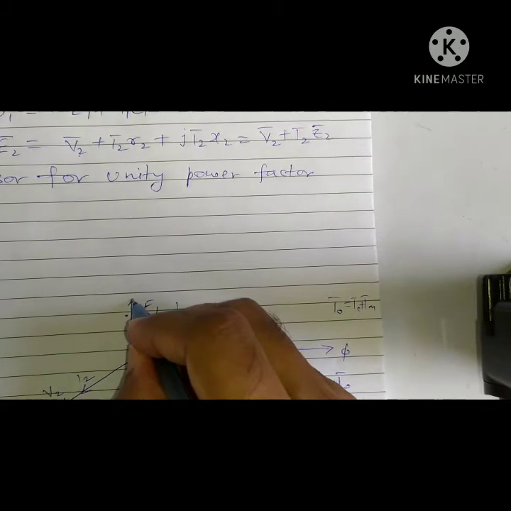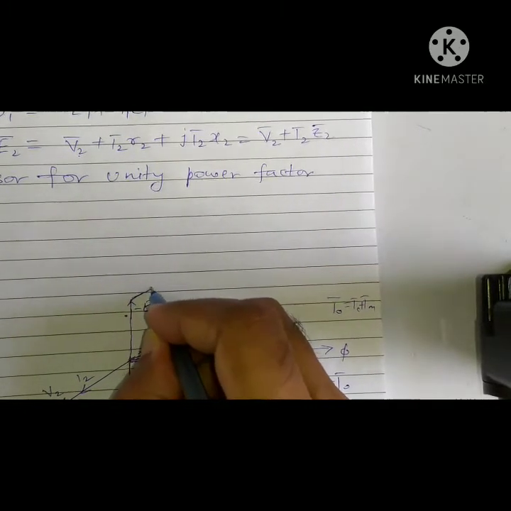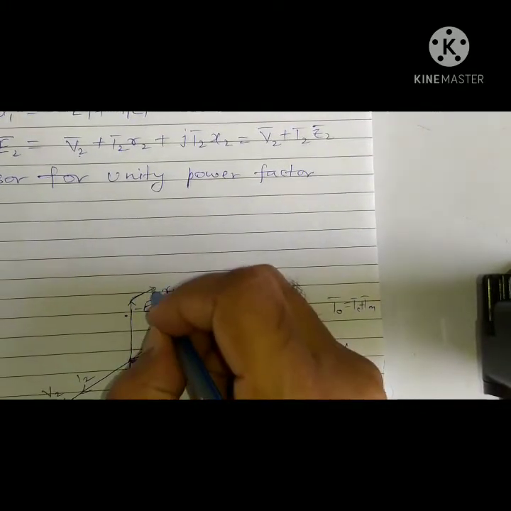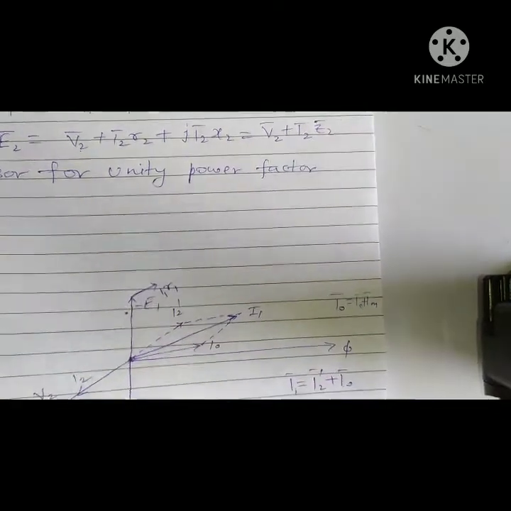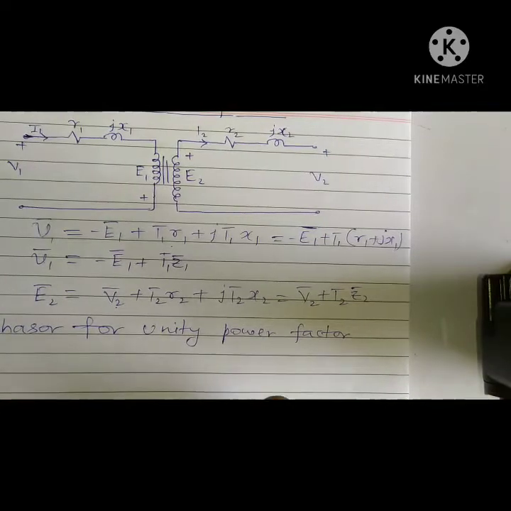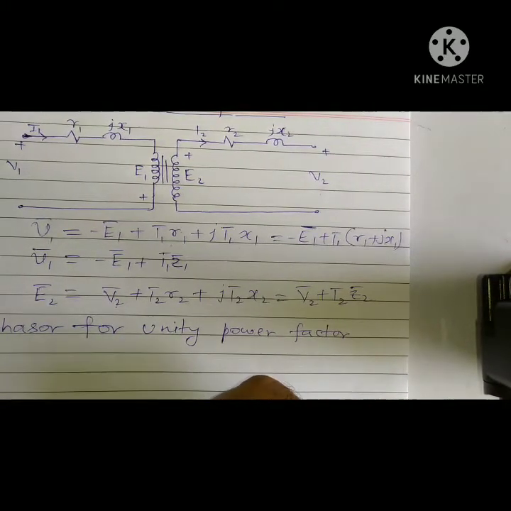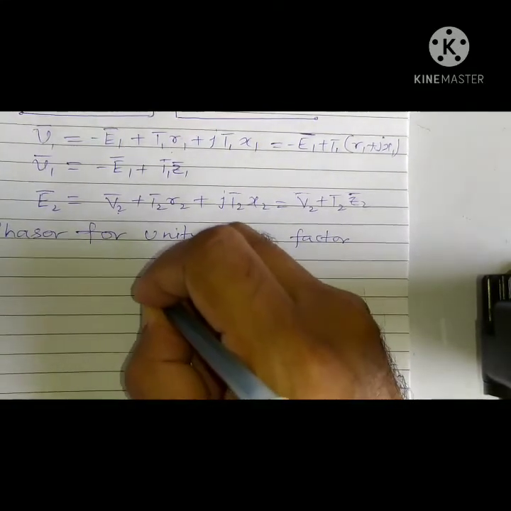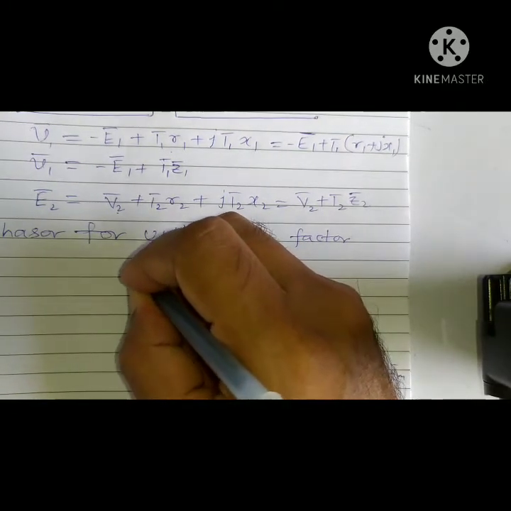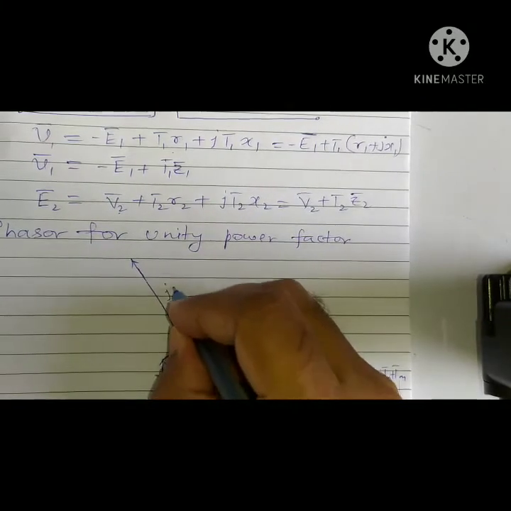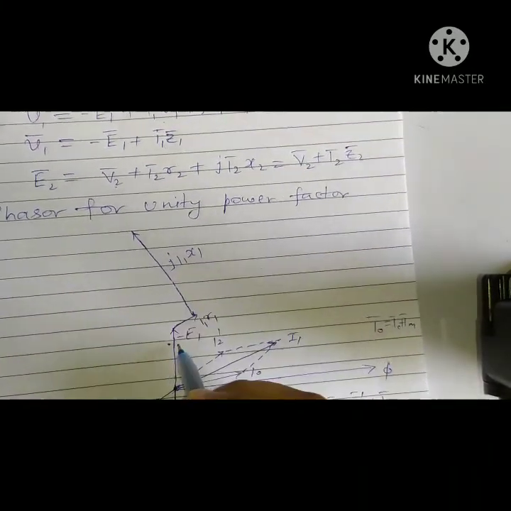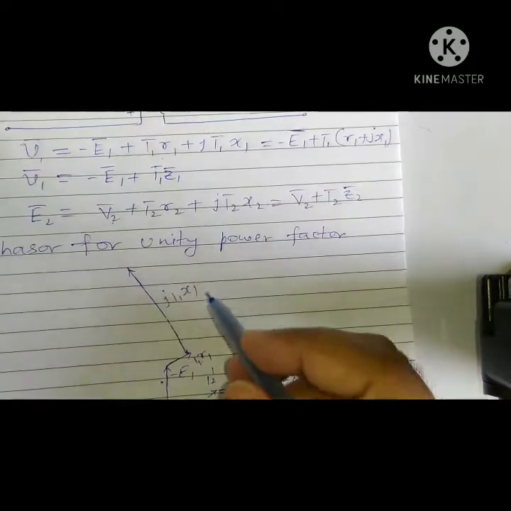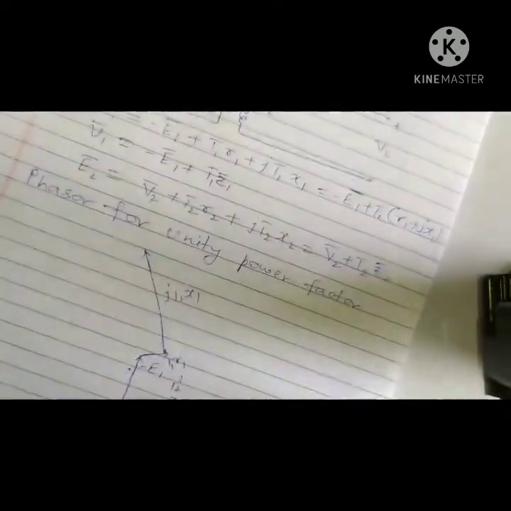So here it is I1 R1, and this is in phase with I1, and from here we can show I1 X1, which must lead it by 90 degrees. So this value is j I1 X1, and minus E1 plus I1 R1 plus j I1 X1 is nothing but V1. See, so we can finish it like this.